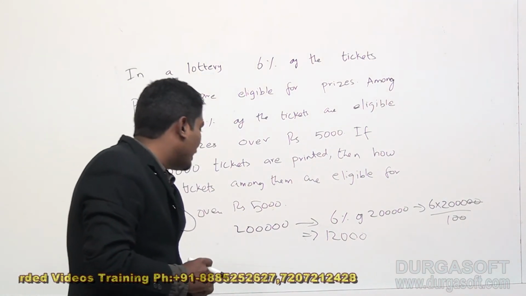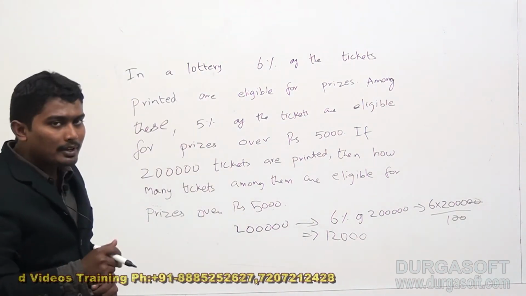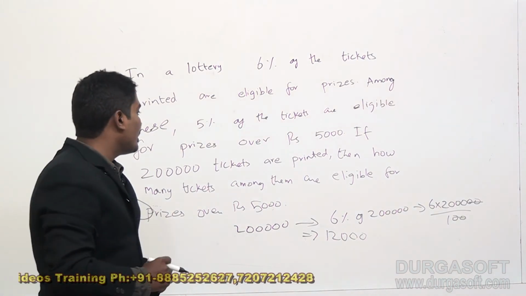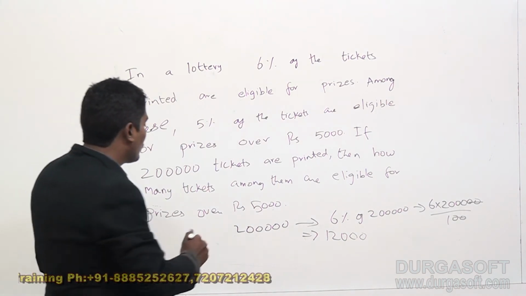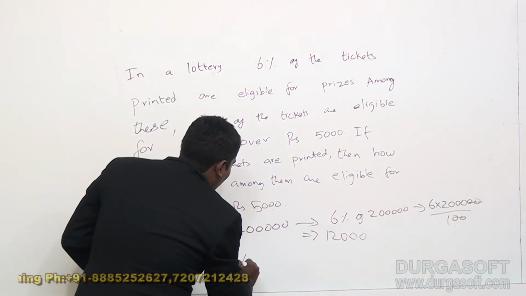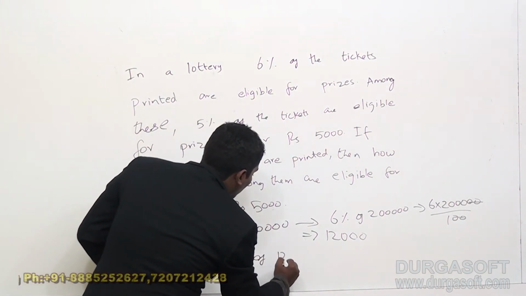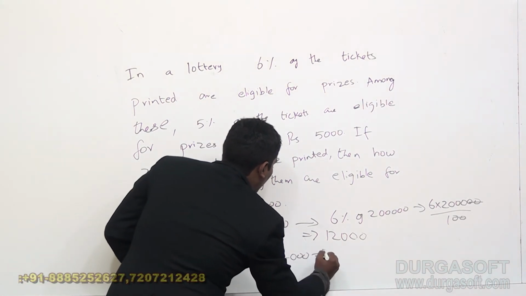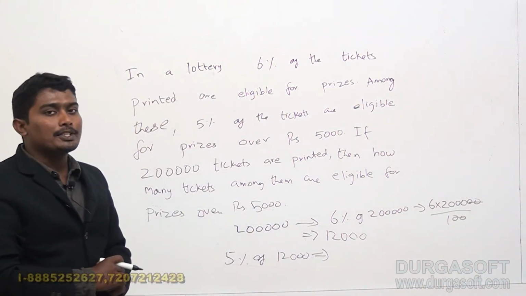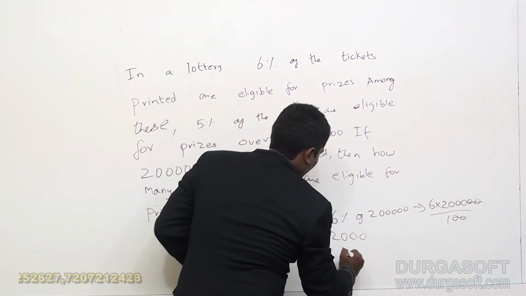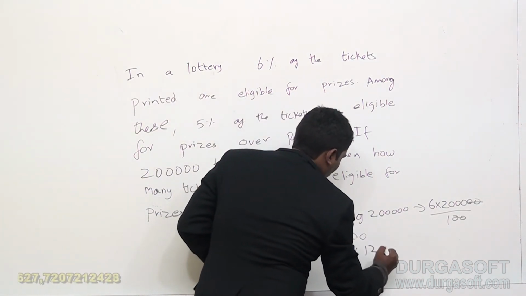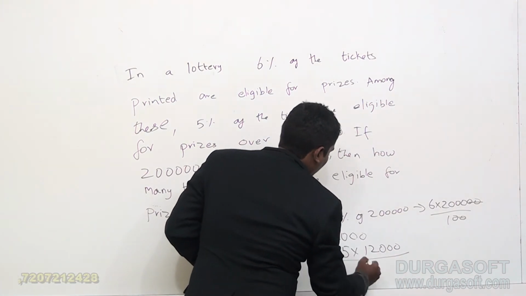Among these 12,000 tickets, 5% are eligible for prize money of over 5,000 rupees. So I will have to find 5% of this 12,000. Now the same way I will use the formula of A percentage of B, which is A into B divided by 100. 5 into 12,000 divided by 100.